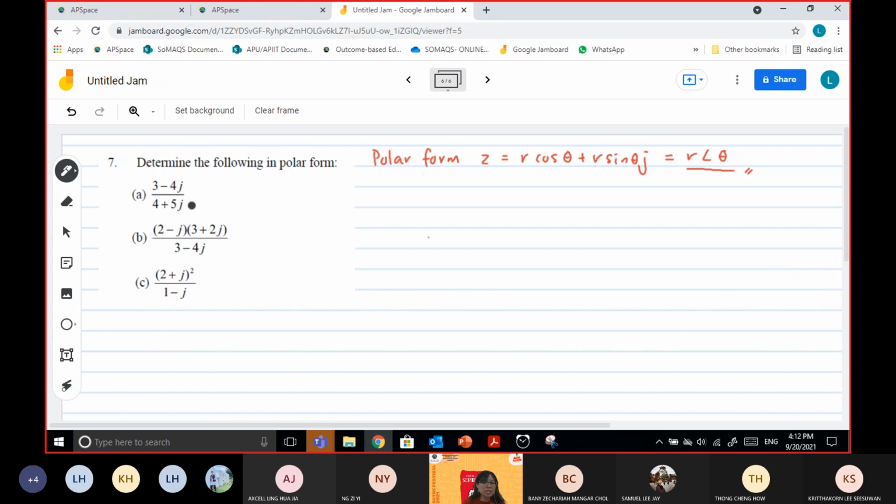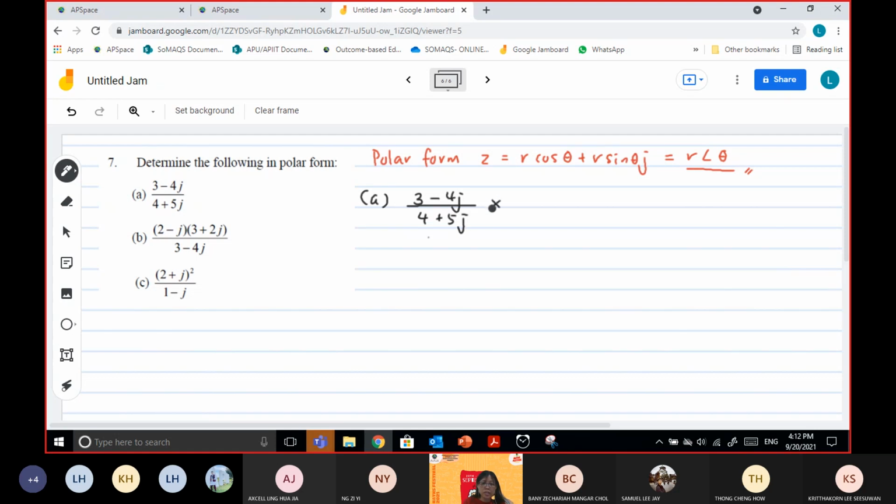Basically this one involves the operation again. So you just conduct the operation in the Cartesian form as usual, then after that you convert it into the polar form. So for part a, 3 minus 4j divided by 4 plus 5j.